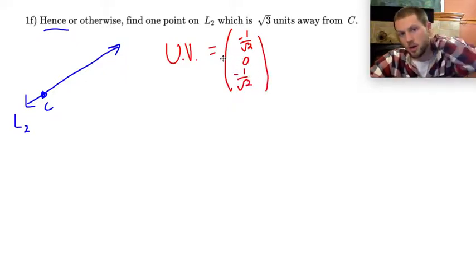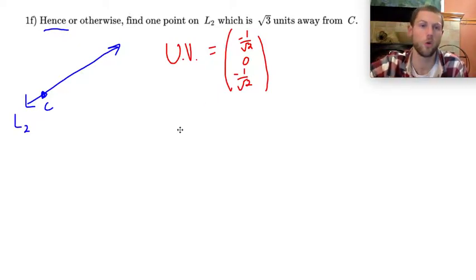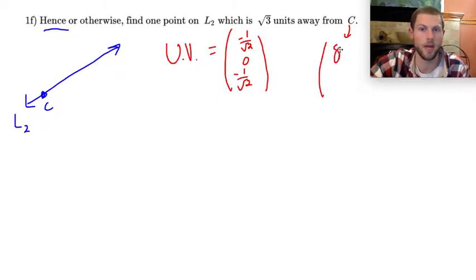What I can do here is create a new vector equation for L2 that uses this direction vector and the coordinate for point C. Recall the coordinate for C is given as, I could write the position vector for C as 8, 11, -1.